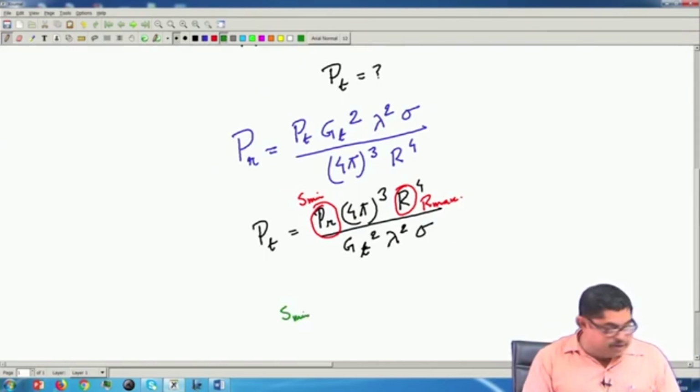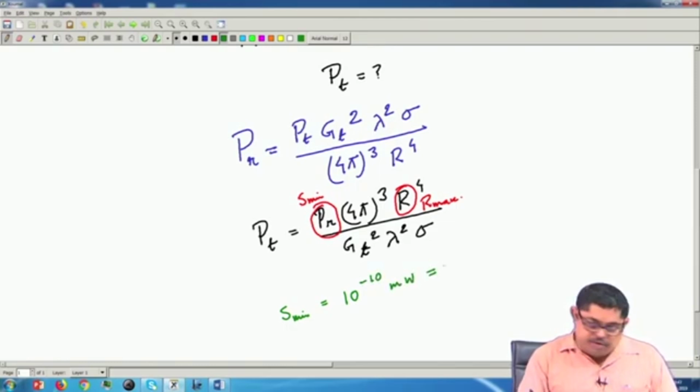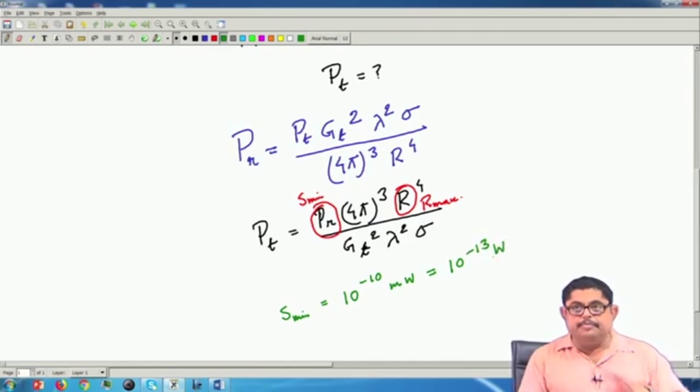So, we will now write that S min is, it is given, minus 100 dBm. So, that is 10 to the power minus 10 milliwatt, or we can call it 10 to the power minus 13 watt. I am trying to come to the SI units.